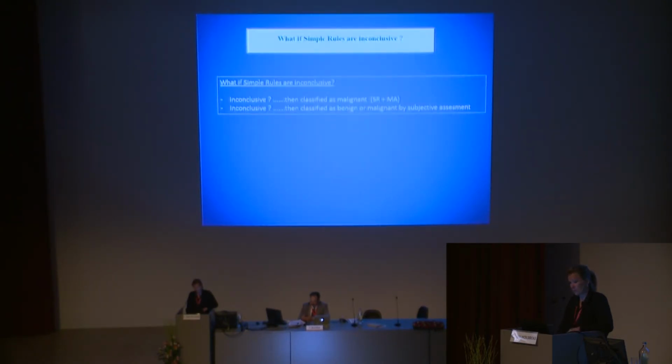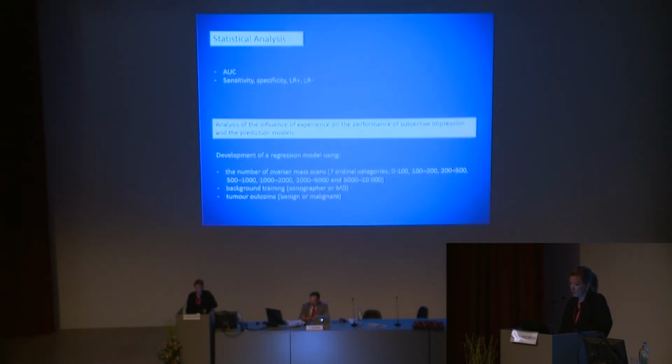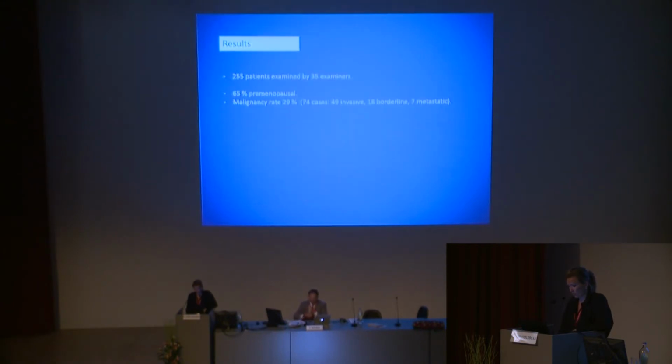What if the simple rules were inconclusive? Then all the inconclusive masses could be either classified as malignant or they could be classified as benign or malignant by subjective assessment. And they also developed a regression model using the number of ovarian mass scans performed, and they also looked at the background training, which was doctor versus sonographer.